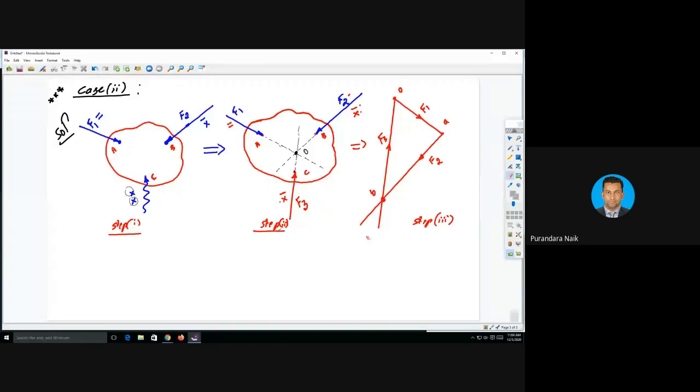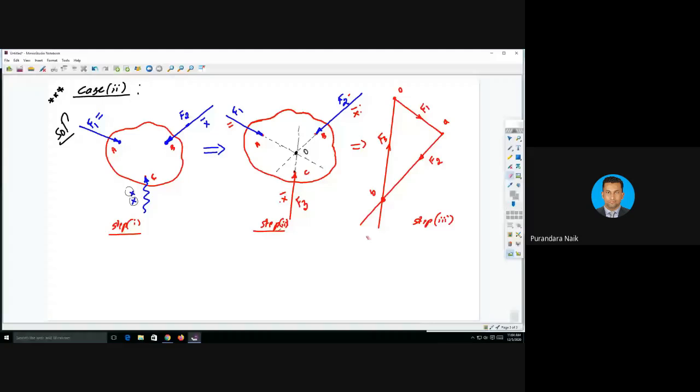Mark the arrowheads on F2 and F3 so that F1, F2 and F3 are in the same order.